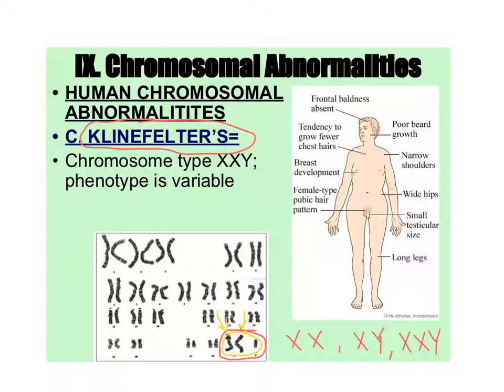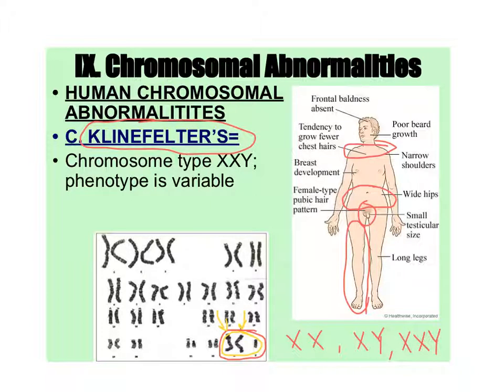So in Klinefelter syndrome, it's kind of a blending of male and female characteristics. You get the long, slender legs like a female. You get more of the wider female hips, not the narrow male hips. Narrow shoulders like a female. You do have small male genitalia.